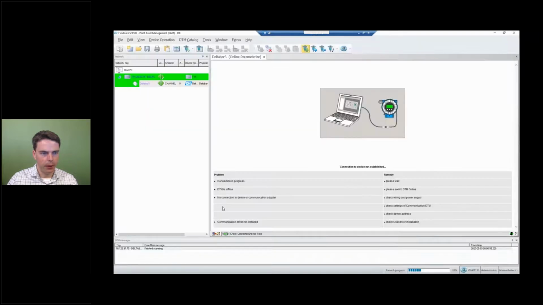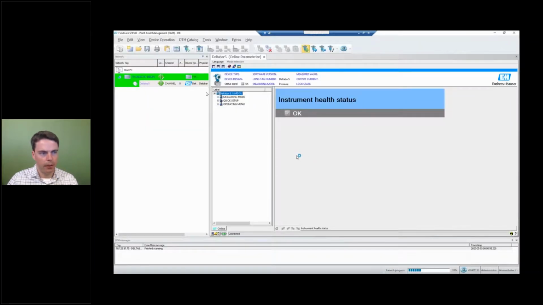Here we go. It will take 30 seconds. As I said, it's a HART device, 1.2 kilobit, connected to a HART remote I/O. This will actually take a while.